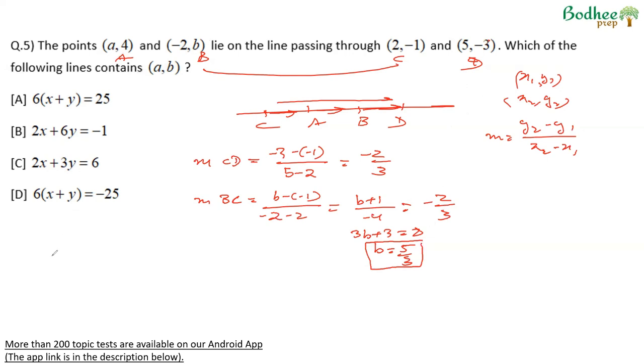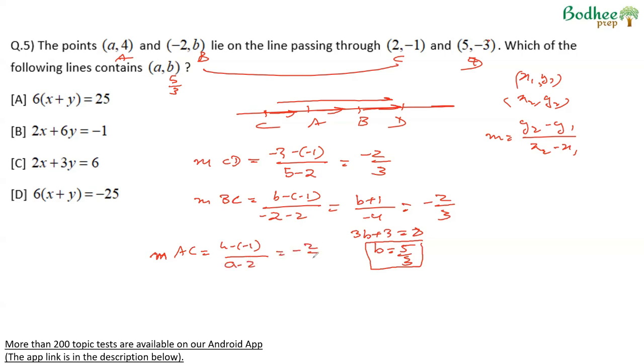Similarly, the slope of AC, this is 5 by 3. Slope of AC will be 4 minus minus 1 upon A minus 2.